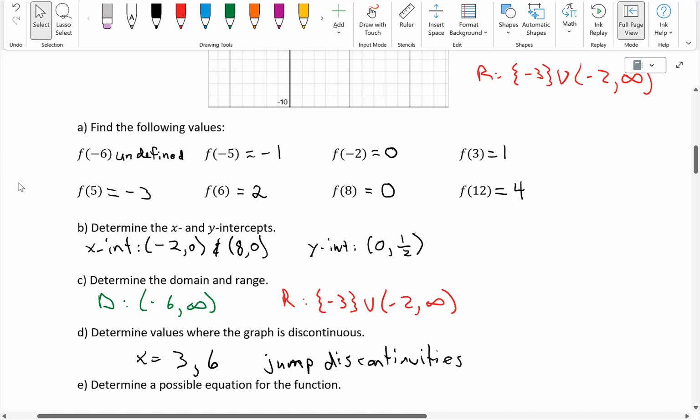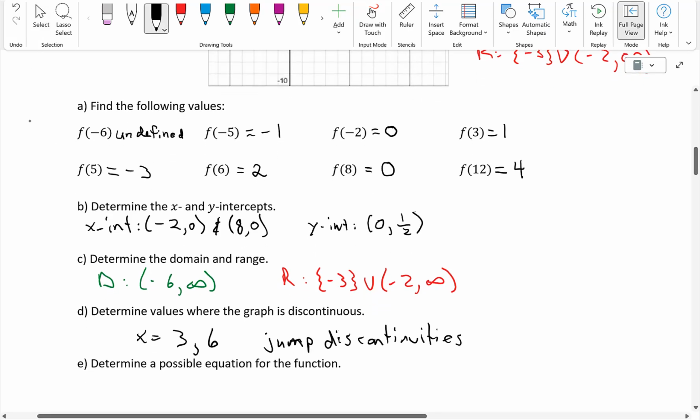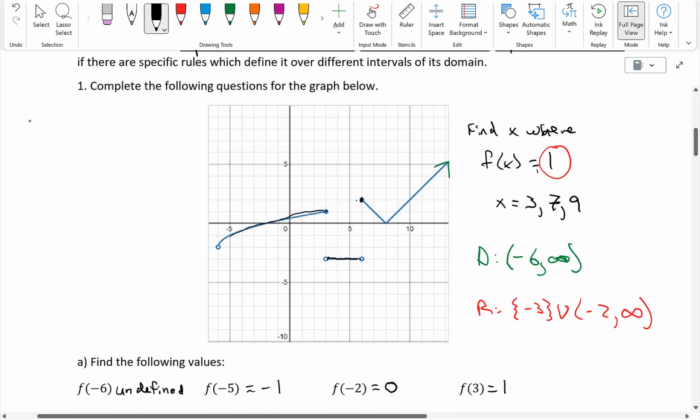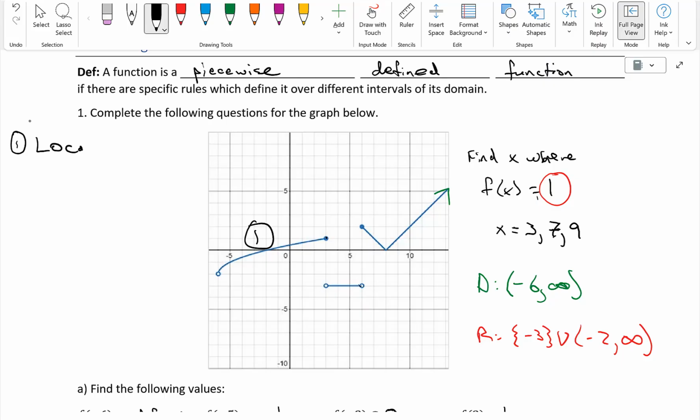All right, and then a possible equation for the function. So a couple things we want to think about. We have a square root piece all the way to the left. And so we want to think about our locator points. So we can do a couple colors. I'll do black here for piece 1. Our locator point there is -6, -2, even though it doesn't actually exist.